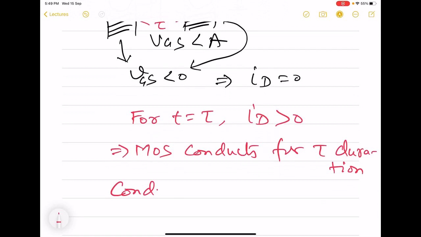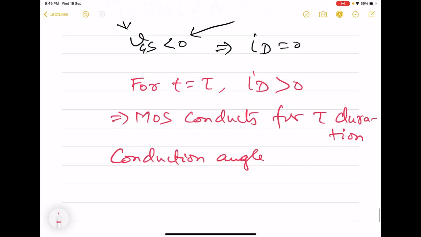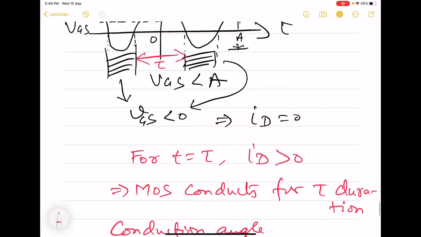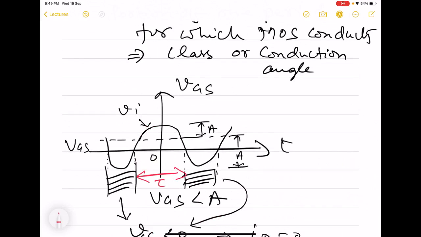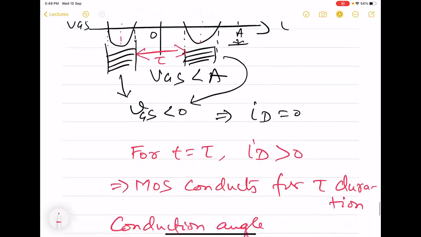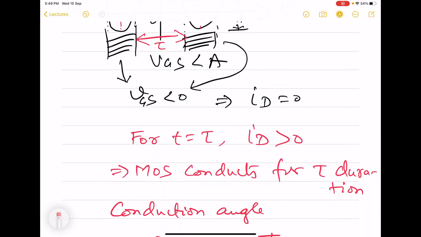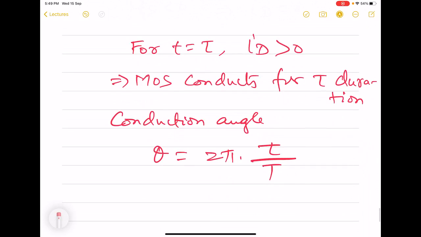Now conduction angle theta is defined as 2 pi into tau divided by total time period. So its time period is going to be this much. So the duration over which gate to source voltage is greater than 0 will lead to the tau or the conduction angle.